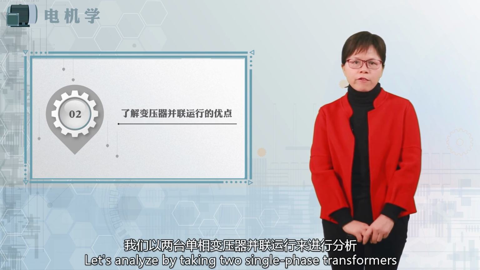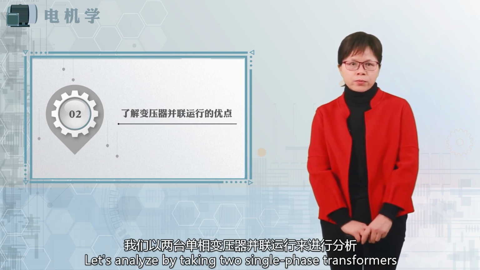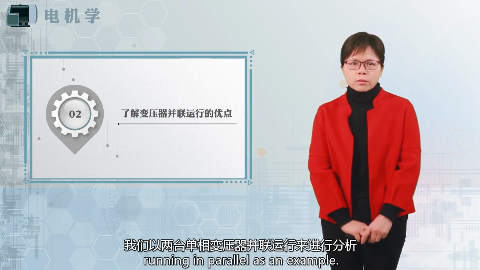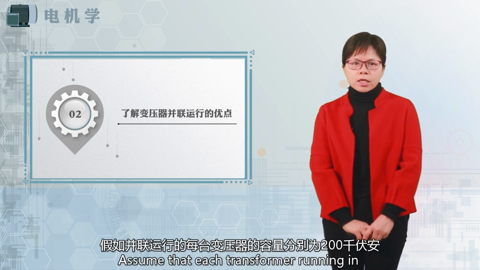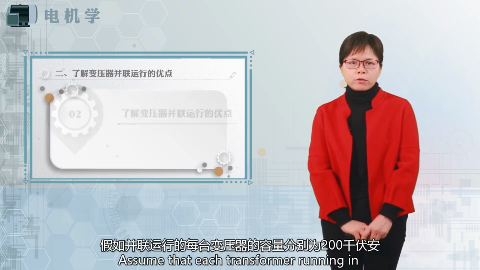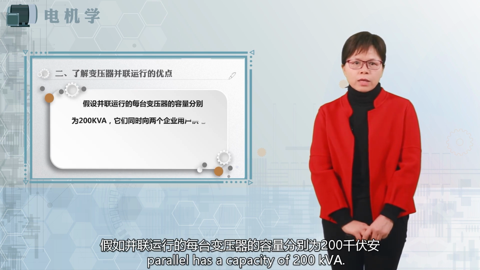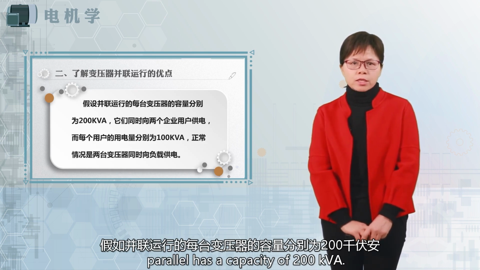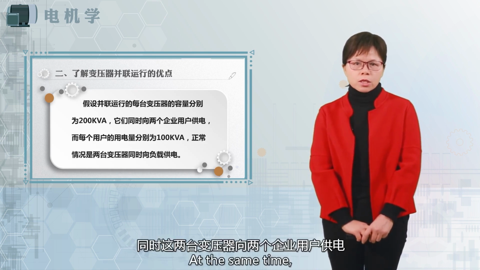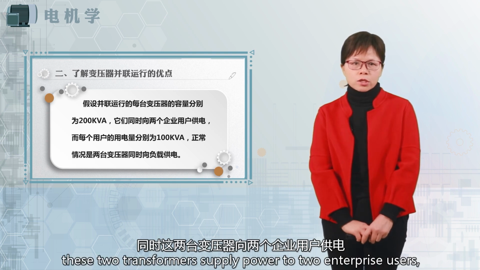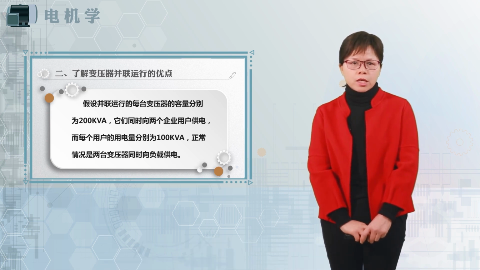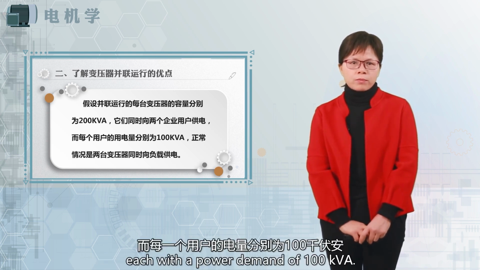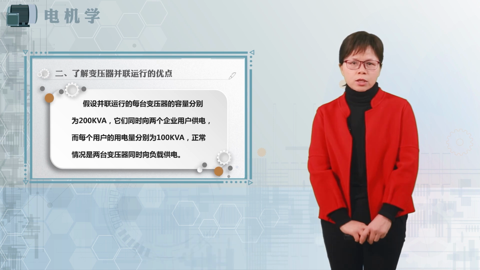Let's analyze by taking two single-phase transformers running in parallel as an example. Assume that each transformer running in parallel has a capacity of 200 kVA. At the same time, these two transformers supply power to two enterprise users, each with a power demand of 100 kVA.